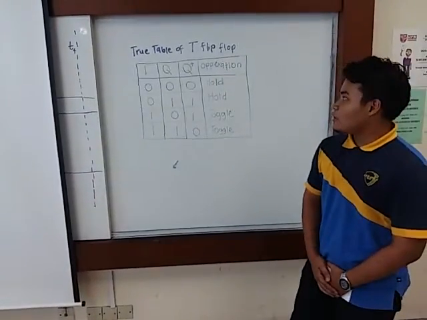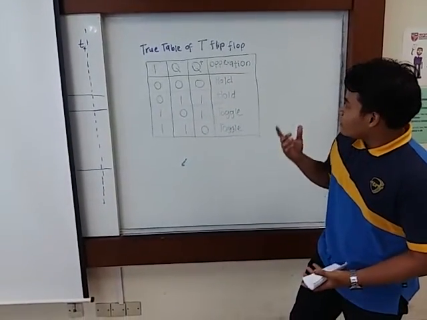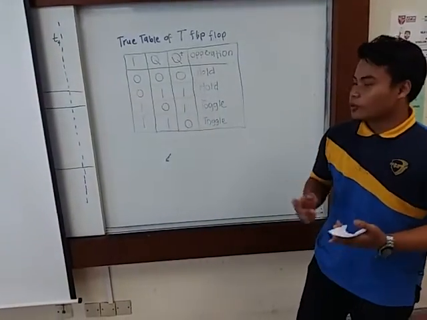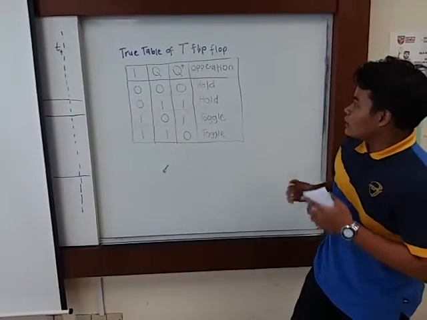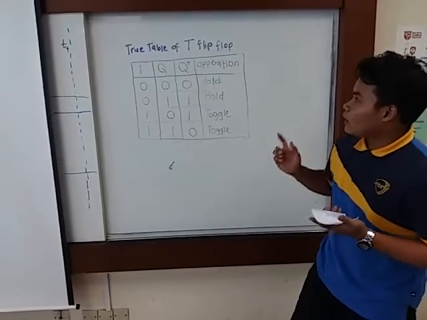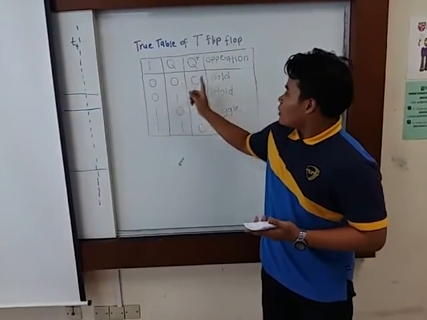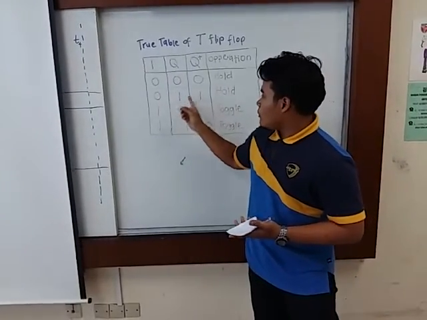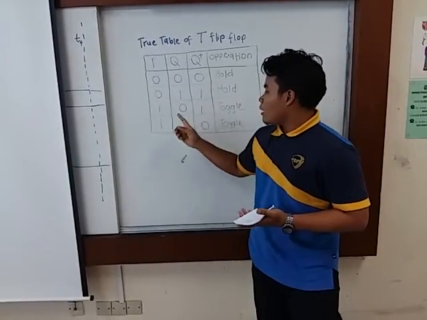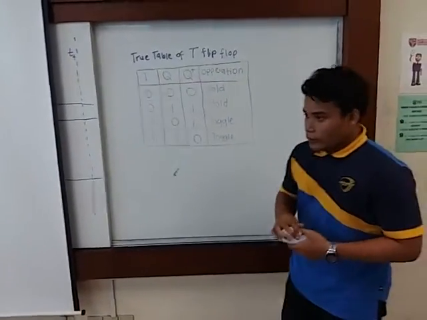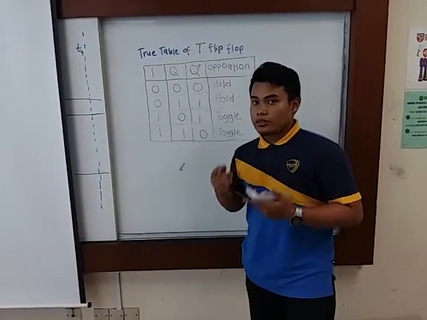Then I will proceed. If you look carefully, the table looks like an XOR gate, right? Because when 0 0 it becomes 0, 0 1 becomes 1, 1 0 becomes 1, and 1 1 becomes 0. So why is this not an XOR gate?